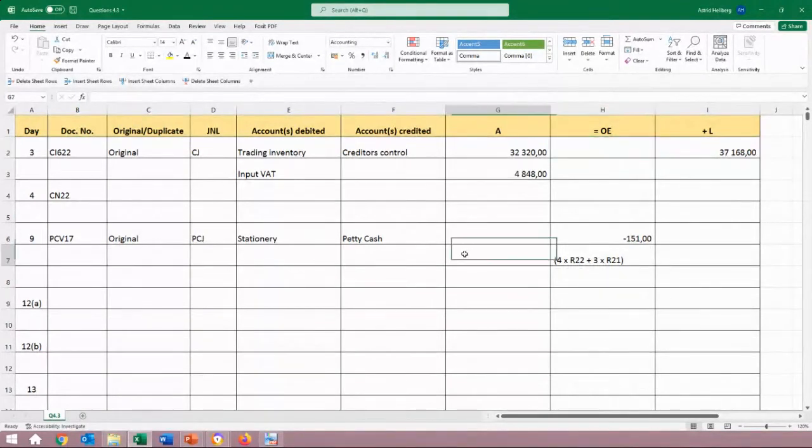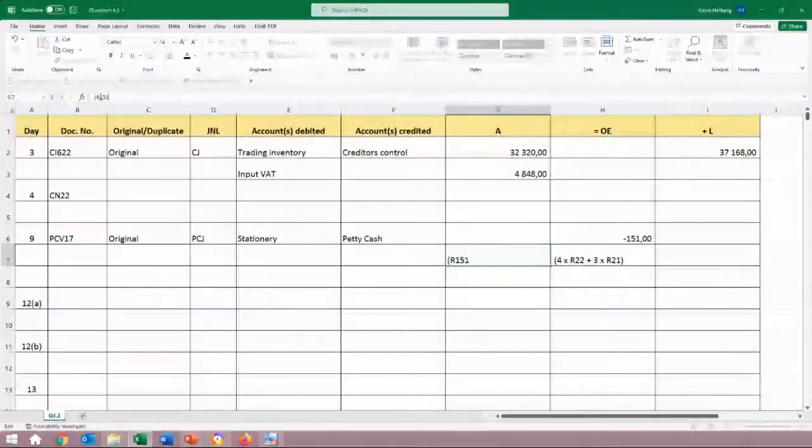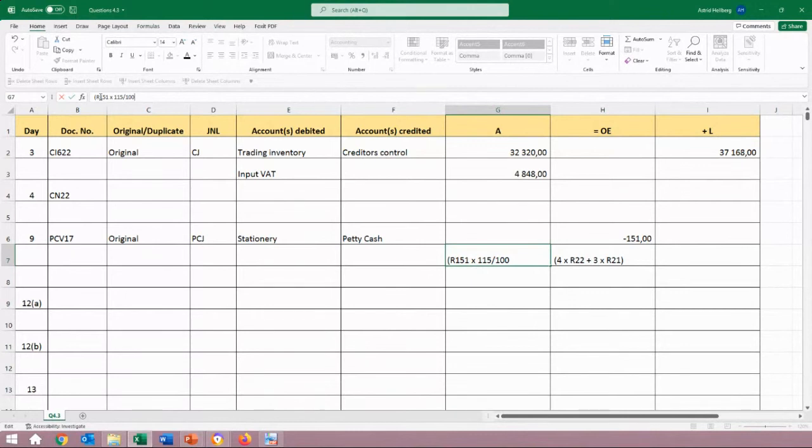Now, remember what I said is petty cash would be the amount inclusive of VAT, whereas stationery currently is the amount excluding VAT. So we will take this 151 that we've calculated and then add the VAT onto it. So we are going to multiply it with 115, which is the amount inclusive of VAT, and divide it by 100, which is the amount excluding VAT.